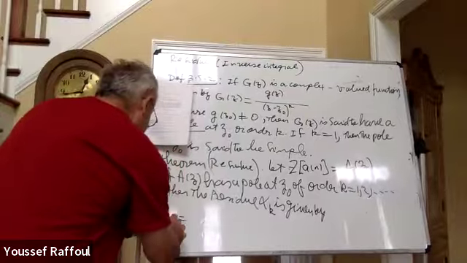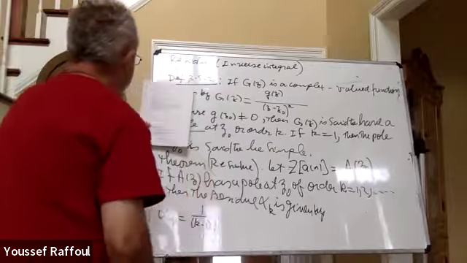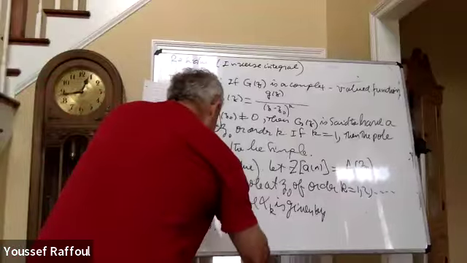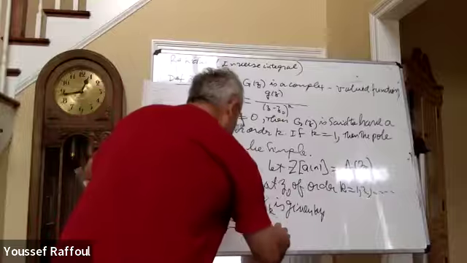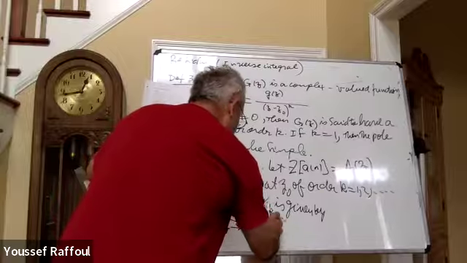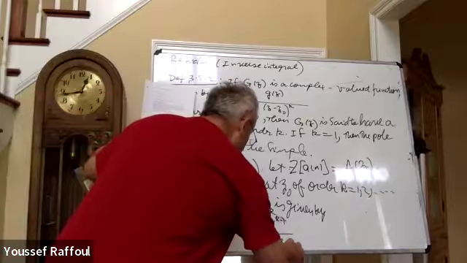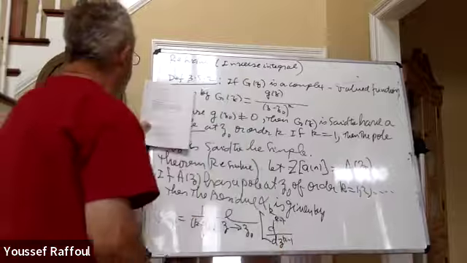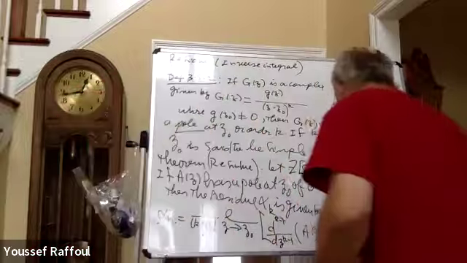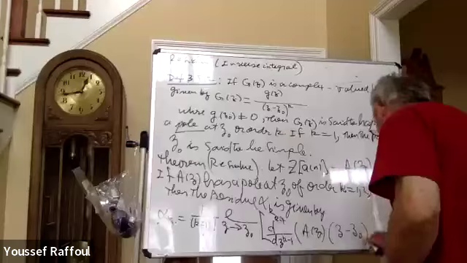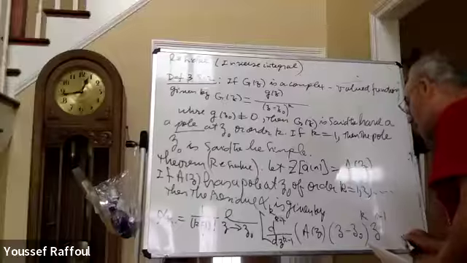Alpha k is equal to 1 over k minus 1 factorial, and the limit as z approaches the pole z naught of the derivative of order k minus 1 over dz to the k minus 1 of a z times z minus z naught to power k times z to the n minus 1.